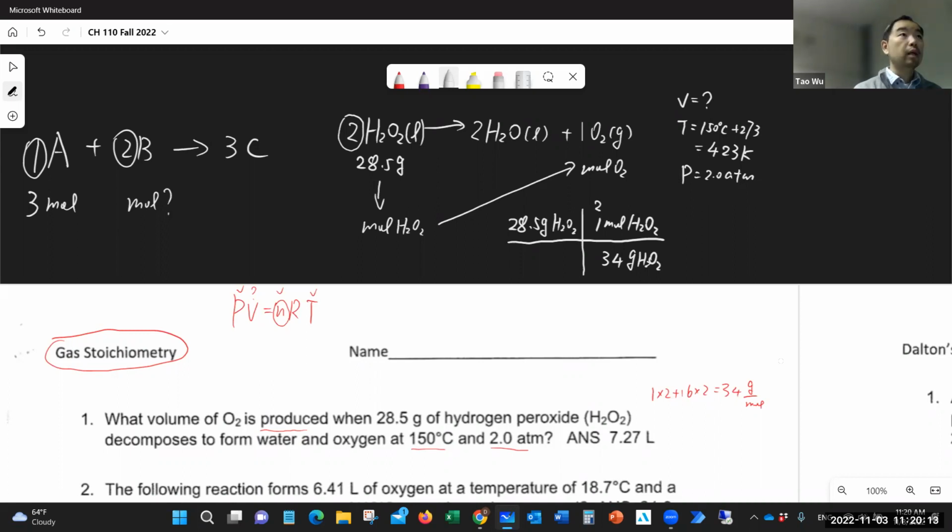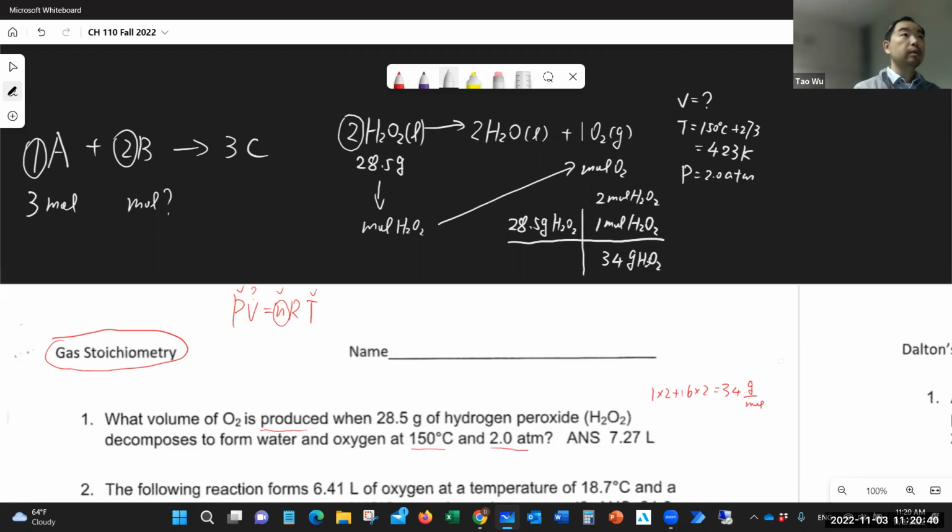That's not right. So when you write this, you should divide by 1 mole of hydrogen peroxide being that much. If you want to write 2 moles of hydrogen peroxide, you can, but you need to double the molar mass. 2 moles of hydrogen peroxide should be 68 grams.